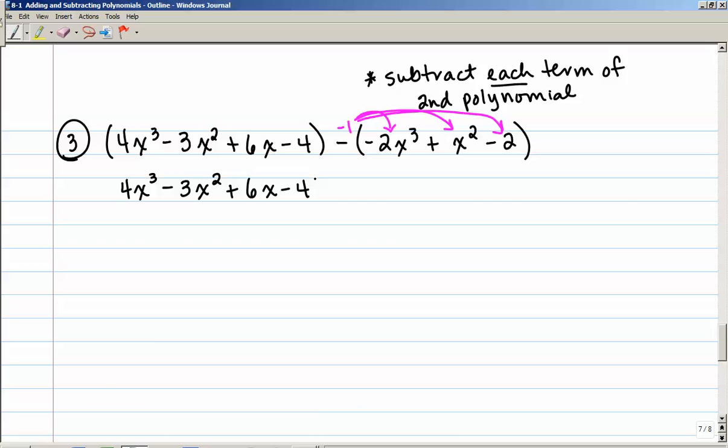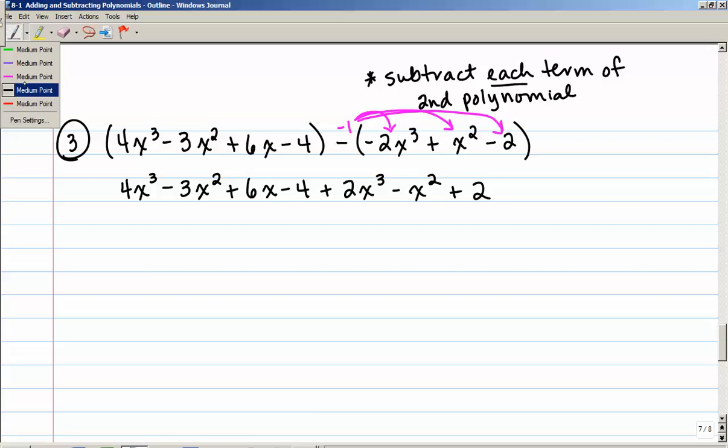And now I'm going to distribute this -1 to each term of the second polynomial. So -1 times -2x cubed is going to give me a plus 2x cubed. -1 times x squared is going to give me a -x squared, and -1 times -2 gives me a plus 2. Basically what I did was I turned my subtraction problem into an addition problem.